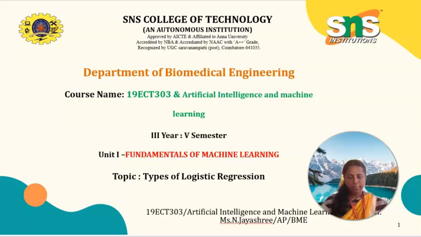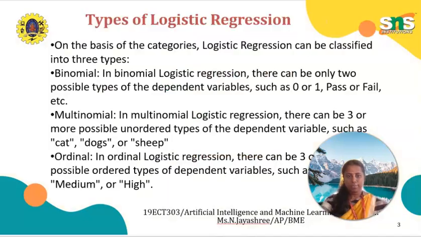I'm going to take types of logistic regression under the unit of fundamentals of machine learning, which is under the title of artificial intelligence and machine learning. So far we have seen linear regression and logistic regression.